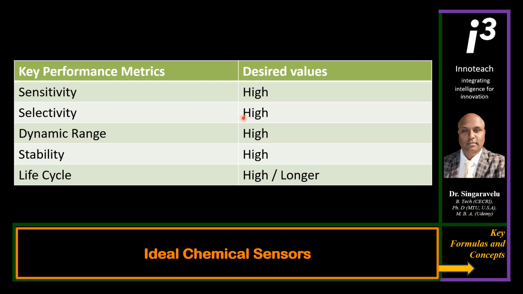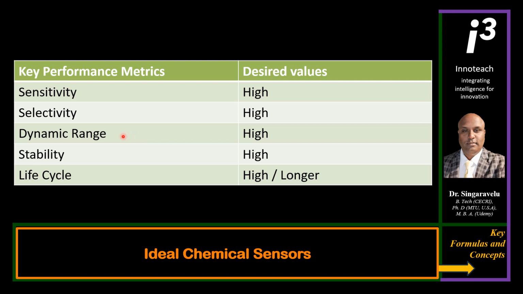And the selectivity, you want that to be very high, which means the cross sensitivity is zero. In other words, your sensor responds specifically to one particular analyte in the presence of interfering analytes or a mixture of analytes present in the sample being tested.